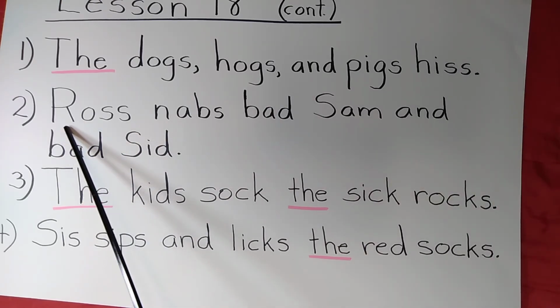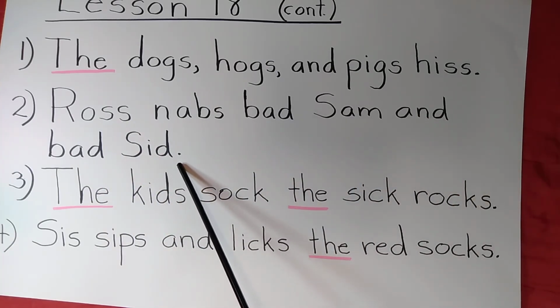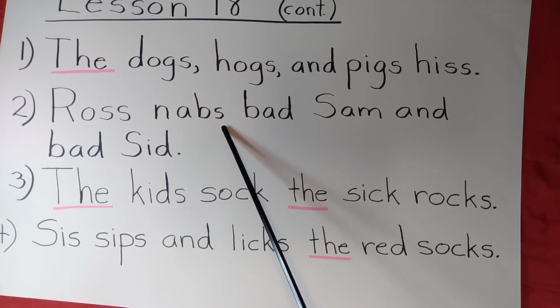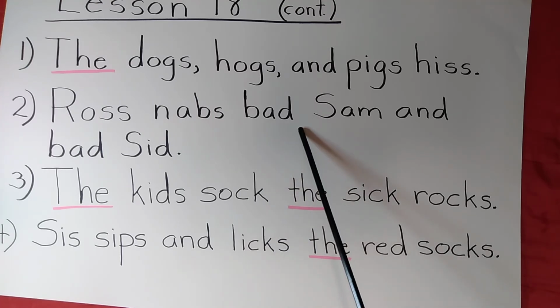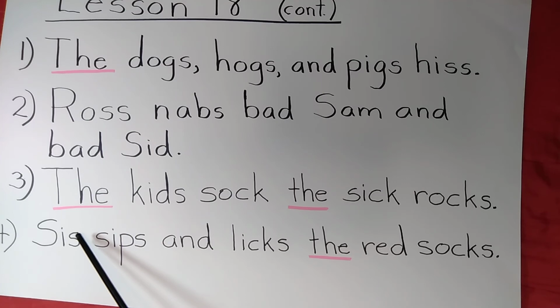Number 2, Ross nabs Bad Sam and Bad Sid. Could be. Nabs means to grab doing something wrong, and Sam and Sid, since they're bad, probably are doing something wrong, and Ross can nab them. I'd say true.